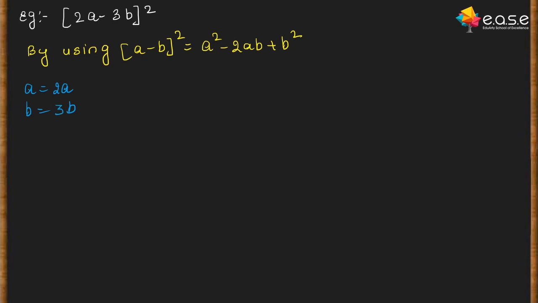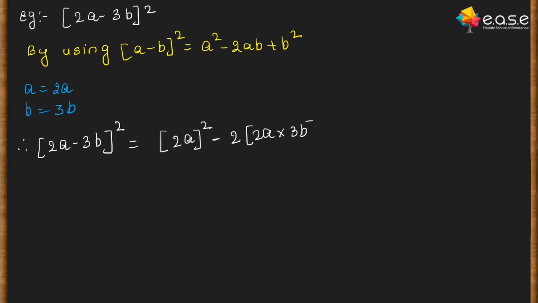So we can say that 2a minus 3b the whole square can be written as 2a the whole square minus 2 into bracket 2a multiplied by 3b, plus 3b the whole square.